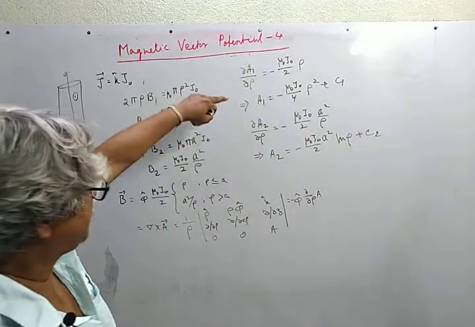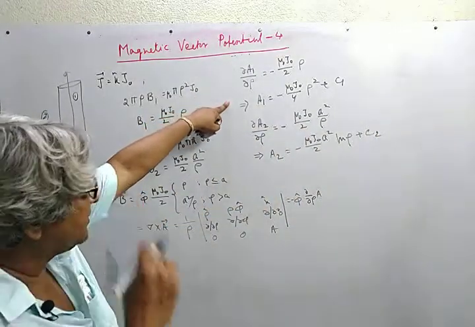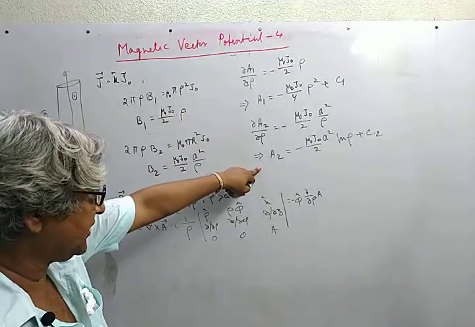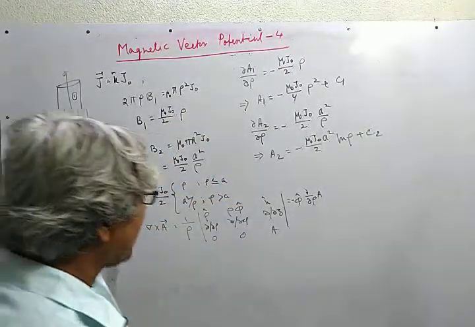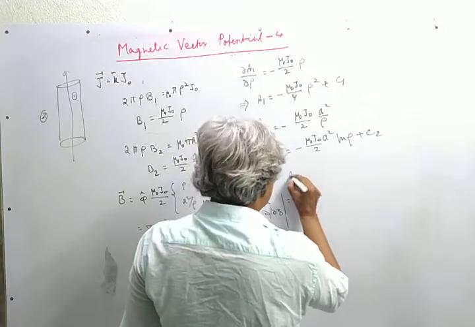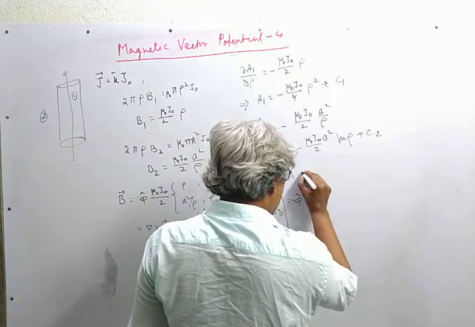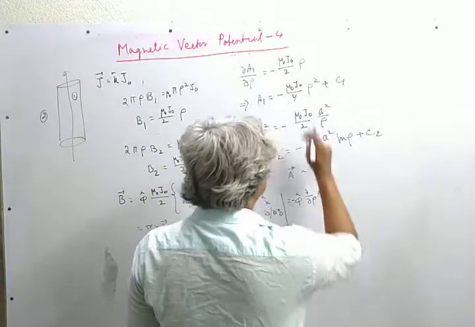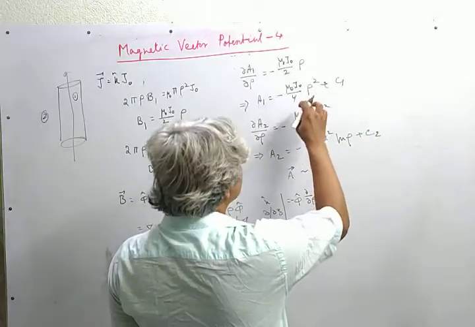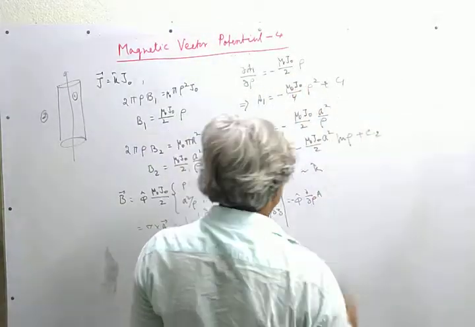So this is the expression for the vector potential at an internal point, and this is the vector potential at an external point. Note that the vector potential has only k components, so in vector form it will be multiplied by k cap.